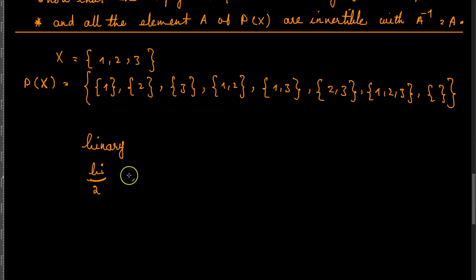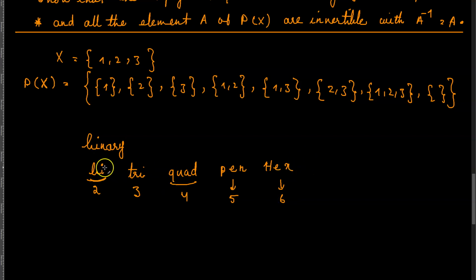refers to two. For example, you know that tri refers to 3, quad refers to 4, PENT refers to 5, HEX refers to 6.